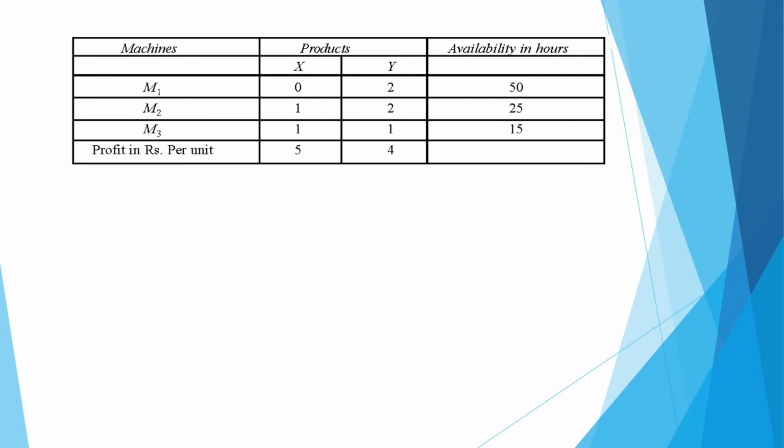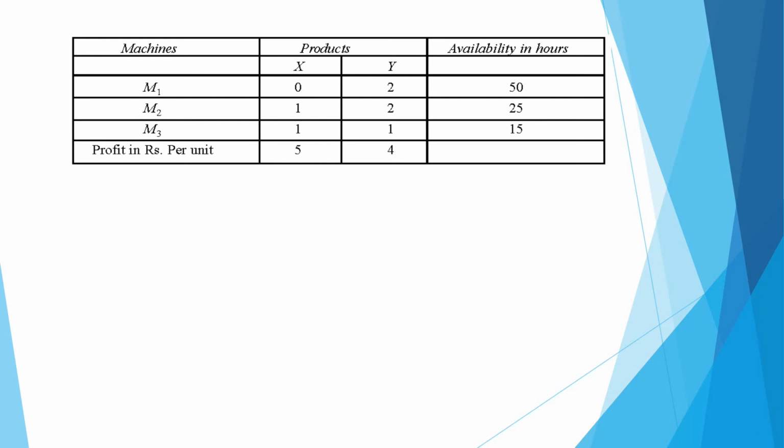So here we have a table. First column consists of 3 machines. Second and third columns consist of the number of hours required to manufacture product X and Y. And the fourth column represents the maximum time available in hours on machines M1, M2 and M3.